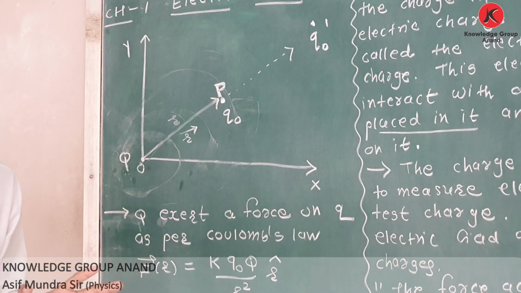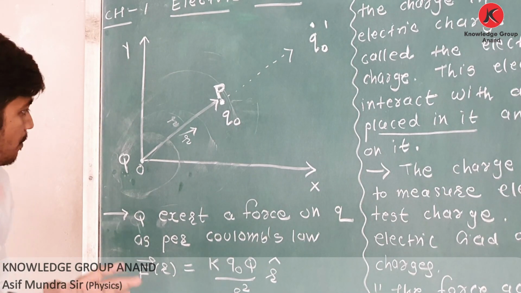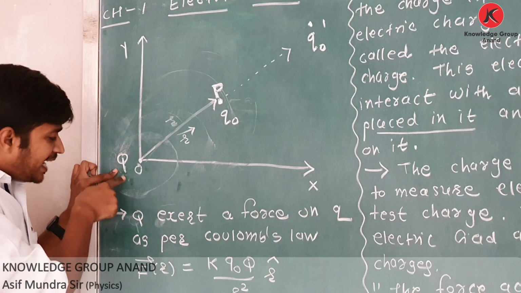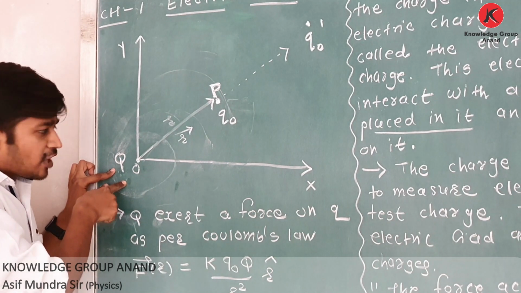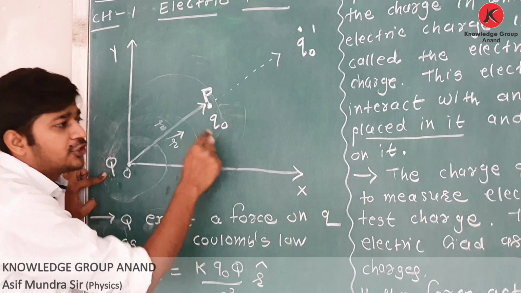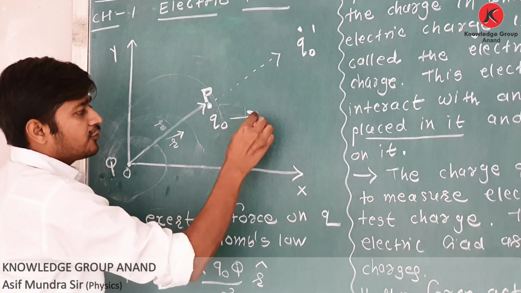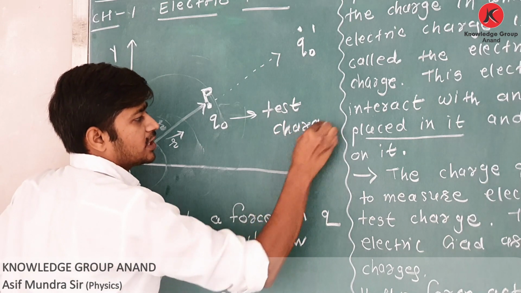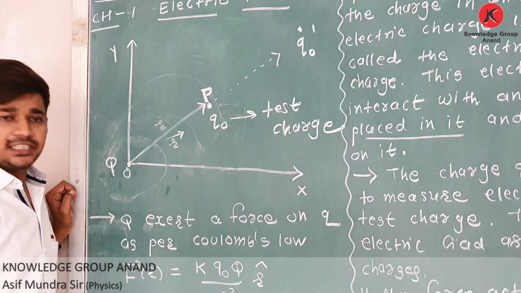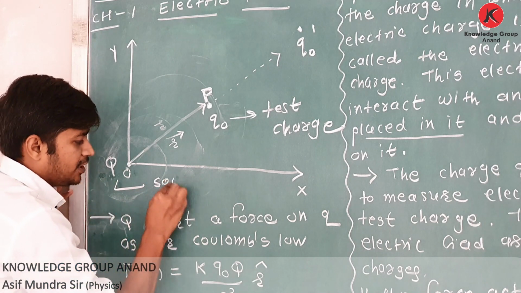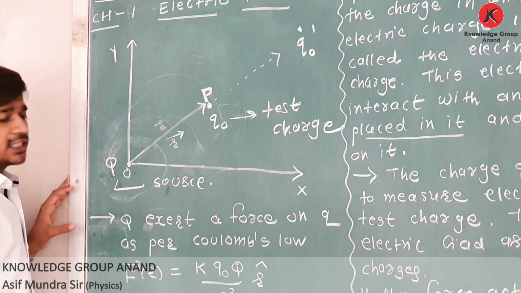Means to measure, to detect the electric field of this charge Q, we have used this charge q0. That's why this q0 charge is called test charge. And this Q, which is producing electric field, is called source charge.